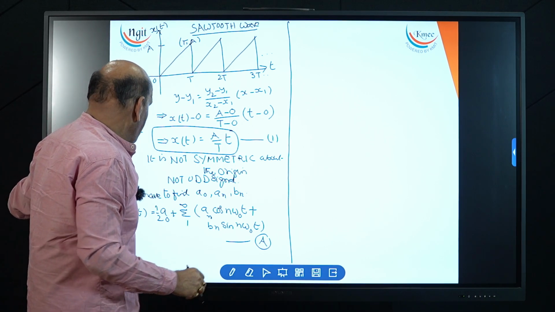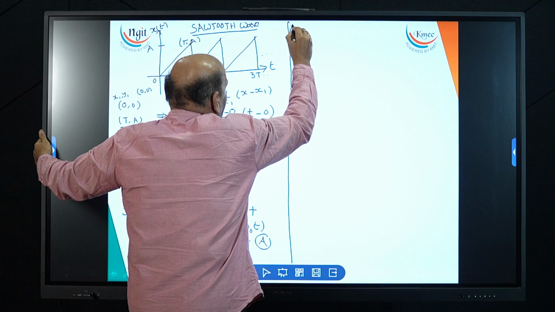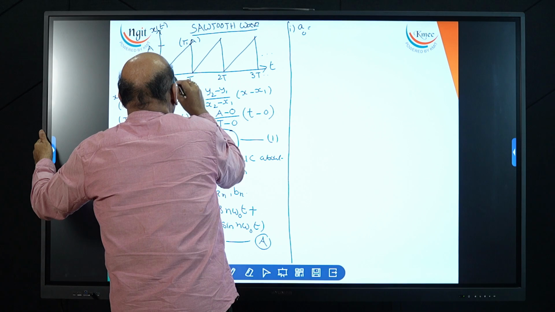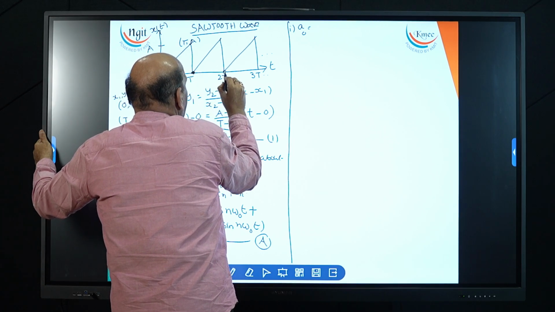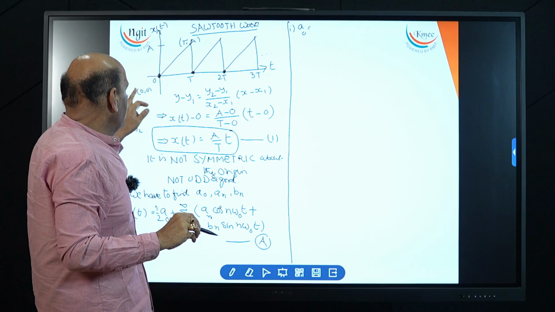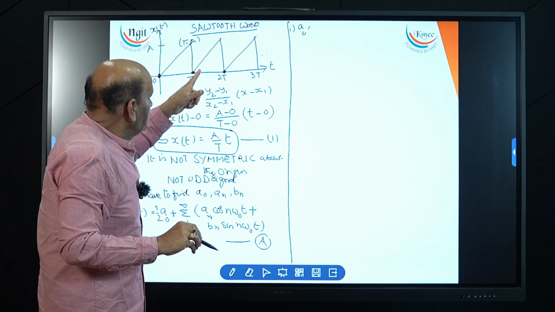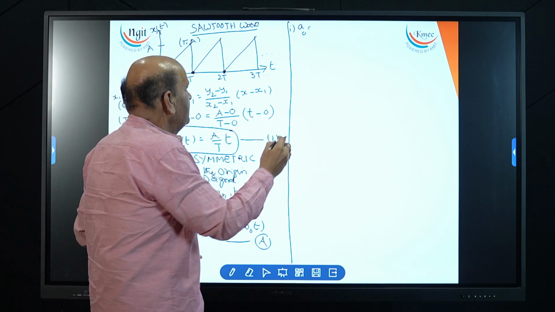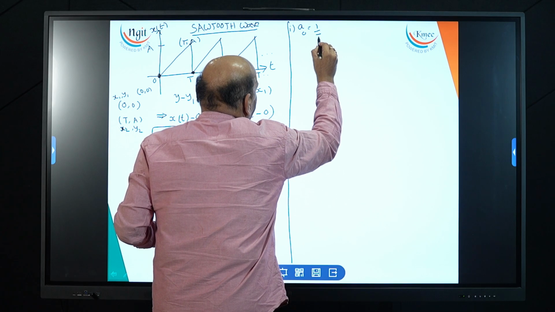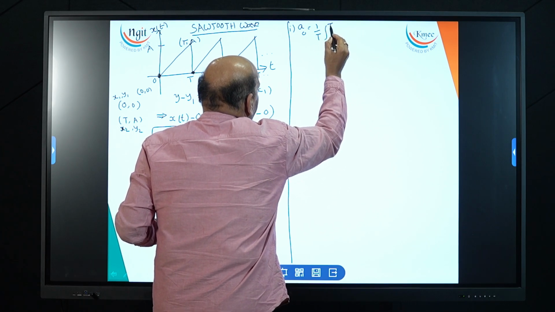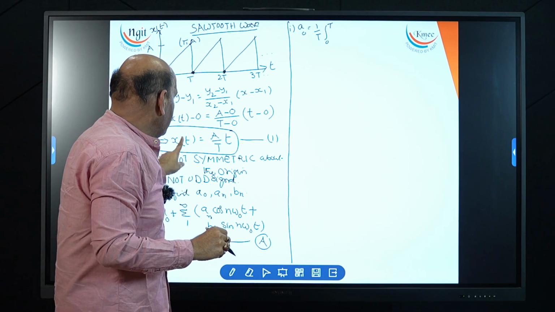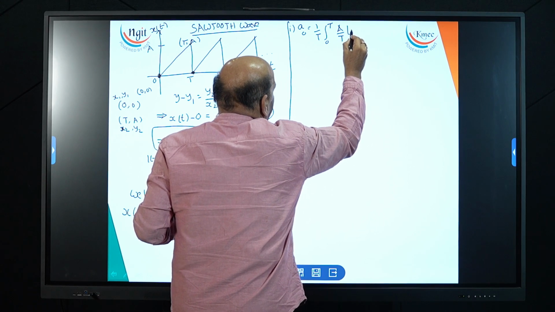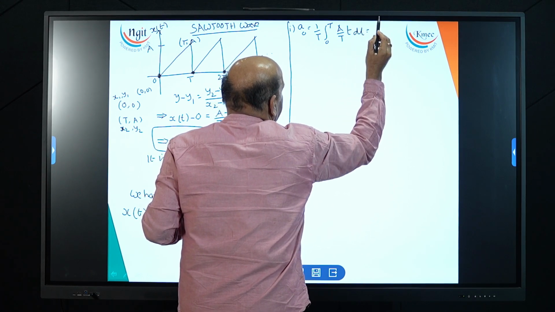Now in this one, first let us find a0. Look at the period, from 0 to T, again from T to 2T. You can take any period: 0 to T, T to 2T, 2T to 3T, because the width is the same for all. This is equal to 1 by T integral 0 to T of x of t dt. x of t is A by T times t, and A by T is constant.